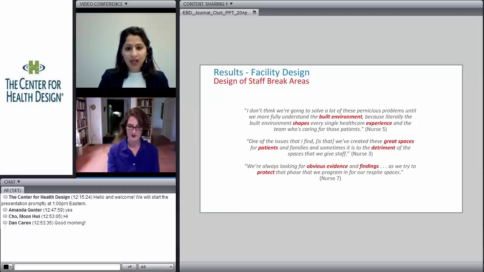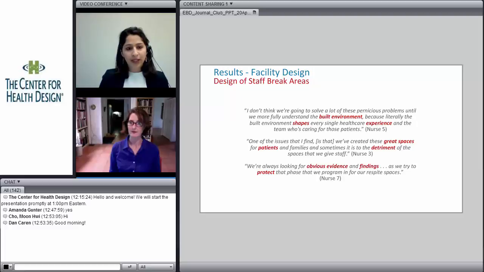So in terms of the design of the staff break areas, just a few general comments from our interviews. One of the very interesting comments was from one of our nurses, that we don't solve a lot of the problems that we have today unless we understand the importance of the built environment and how it really shapes our everyday experiences.